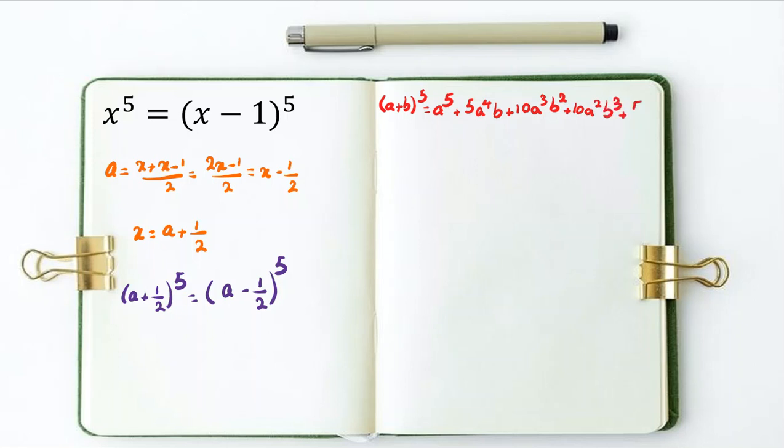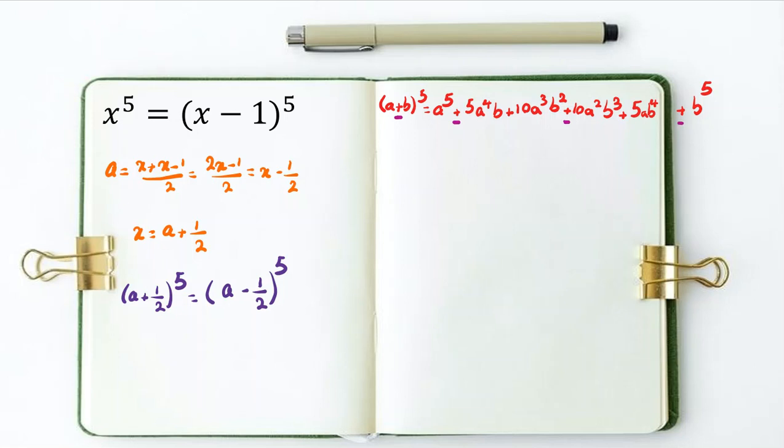The next one plus 5ab to the 4. Oh, sorry, let me correct it. 5ab to the 4 and plus b to the 5. So if we apply this on left hand side and right hand side, left hand side is plus, right hand side is minus. So if we change plus to minus, the parts where the degree of b is odd will be minus.